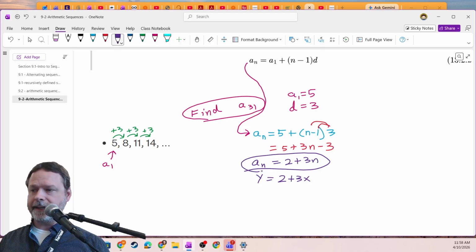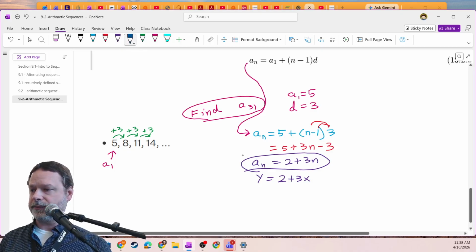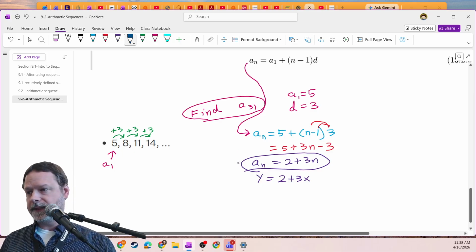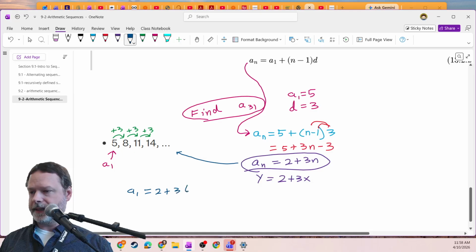Now let's double check it. How can I double check it and make sure this is right? Of course, I could use a graphing calculator. I'm going to show you that also. But to check this, let's see if we get these guys right here. A sub 1 would be 2 plus 3 times 1, and that is 5. That works. That's perfect.